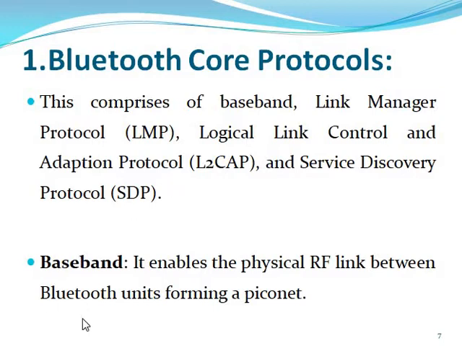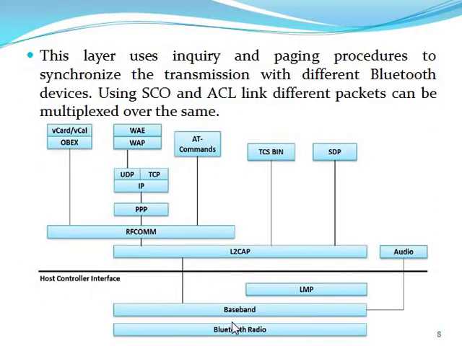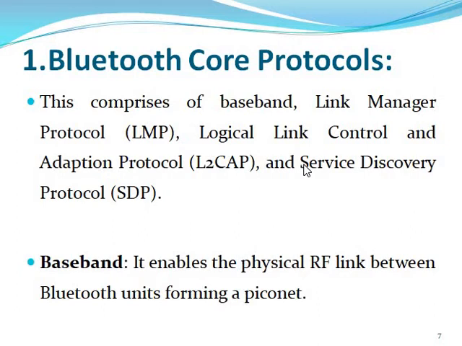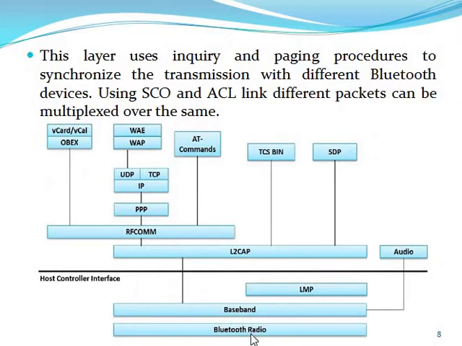The baseband is important because when Bluetooth connects through the baseband protocol, it also connects the logical link adaptation protocol. The radio frequency connects the piconet. You can see in the previous lecture what the scatternet and piconet are, with the master and slave units. The baseband provides the response based on the connection.